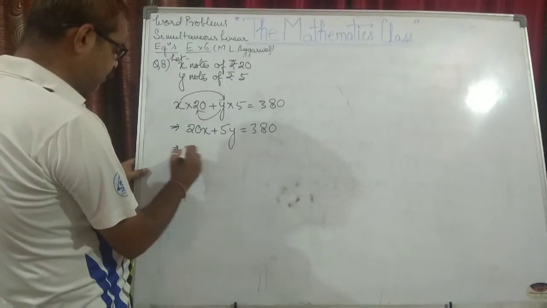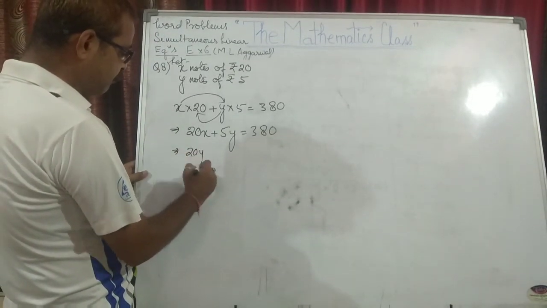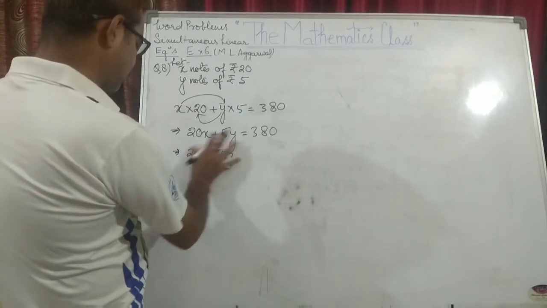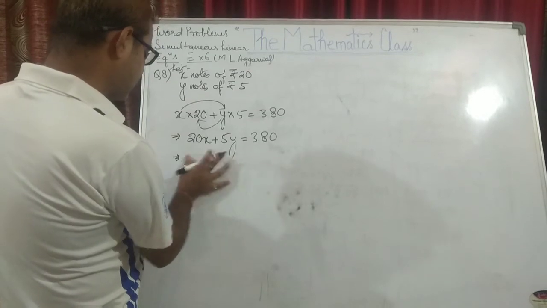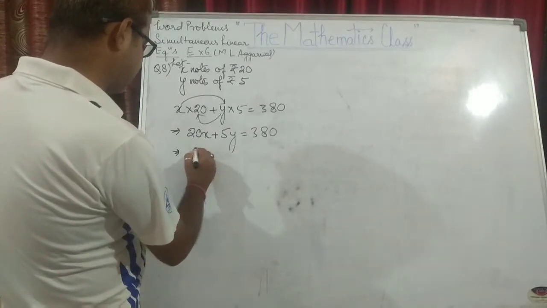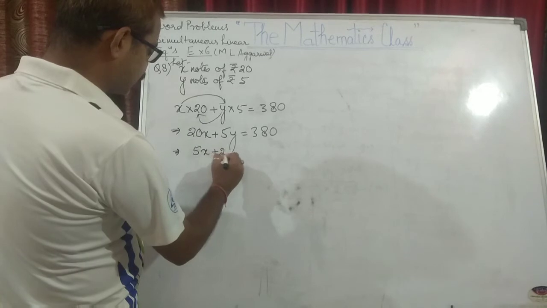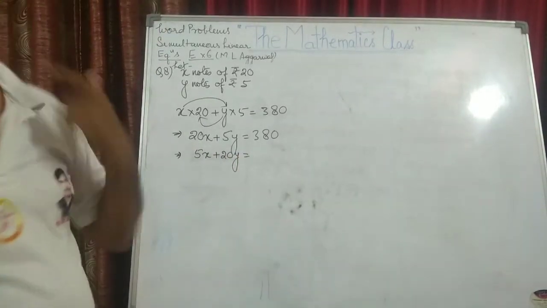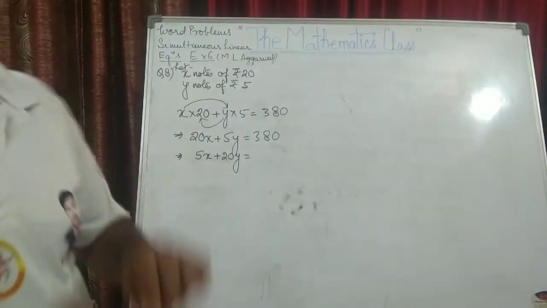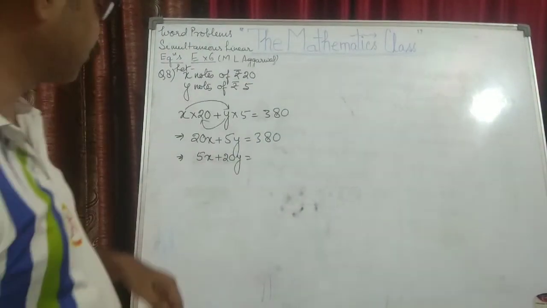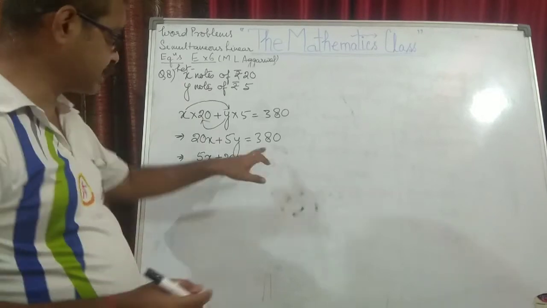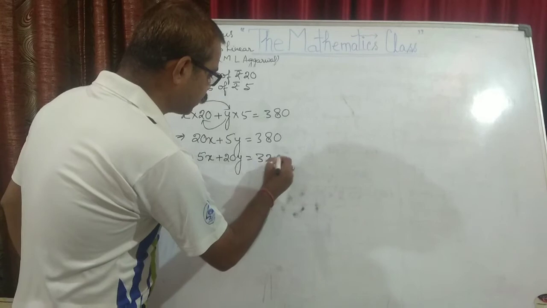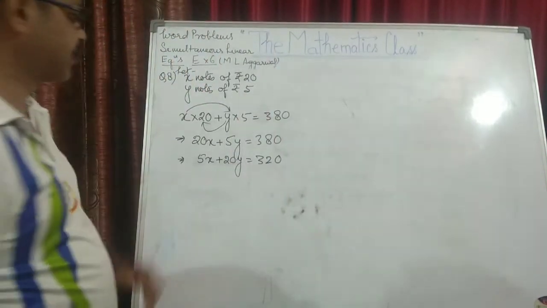So now the equation will be 20y plus 5x, or I can write 5x plus 20y is equal to, they say the amount becomes 60 less than before. 60 less means minus 60, so it will be 320. This is the second equation.